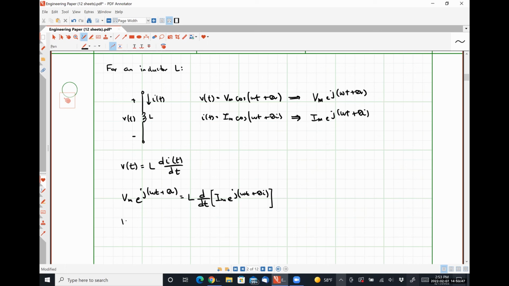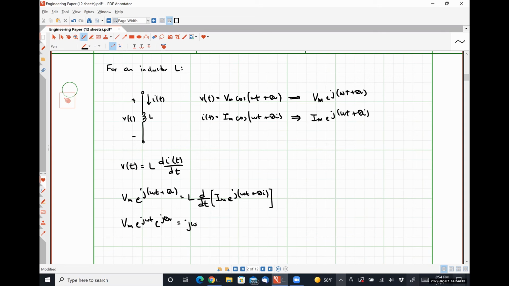So this looks like Vm e to the j omega t e to the j theta v. I'm splitting up that exponential into two terms again. On the right-hand side, I'm going to have j omega, which is what's being multiplied by t in my exponential function.